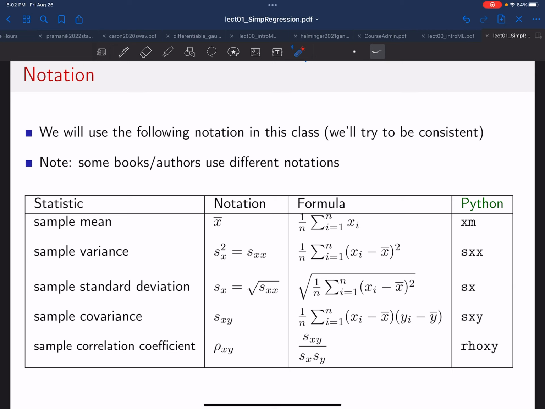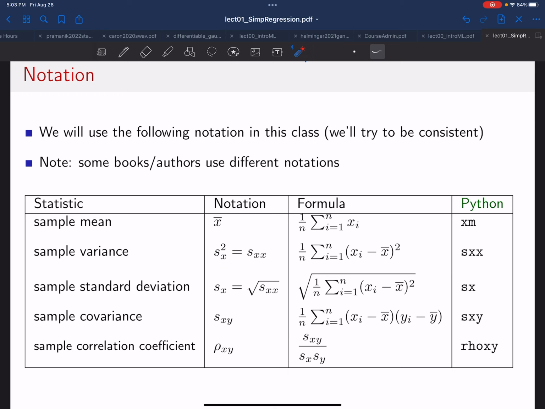But if you write sxx, remember, this is similar to this, right? Imagine that for this y, I plug in x. That would mean that I have xi here and x bar here. At that point, I have exactly this thing over here. So the sample variance is really like the sample covariance between x and itself.